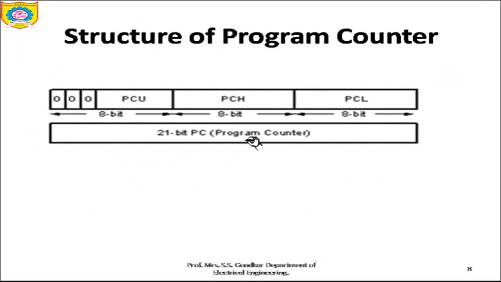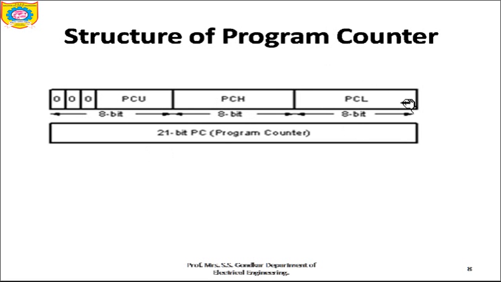Here you can see the structure of the program counter. The program counter is split into 3 parts: PCL, PCH and PCU. PCL means program counter low, PCH means program counter high, and PCU means program counter upper. Each of them is 8 bits.